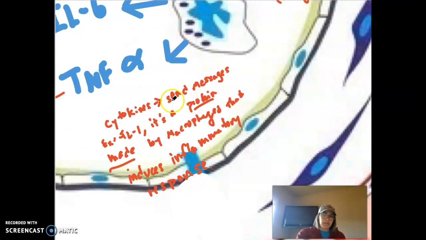Wanted to emphasize here that cytokines are the ones that send messages. These are proteins that are made by the macrophages. Okay, so these proteins are made by the macrophages, and that induces that inflammatory response.